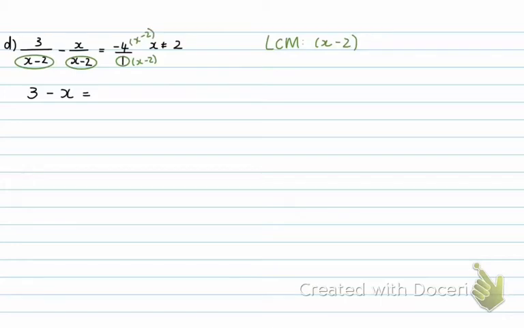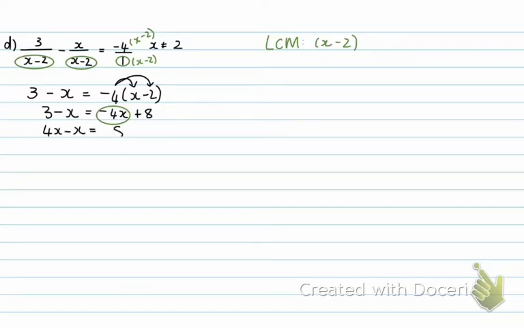Okay, so now I'm just going to say that negative 4 must multiply with x minus 2. Right, and now I remove the brackets by multiplying this negative 4 in with everything inside the bracket. So negative 4 times x is negative 4x. Negative 4 times negative 2 is a positive 8. Alright, and I solve for x now. This negative 4x I'm going to take to the left hand side, and it's going to become a positive 4x.